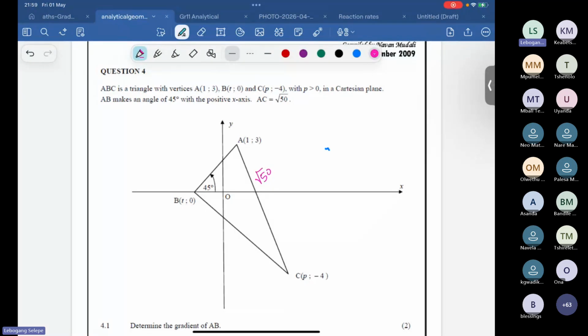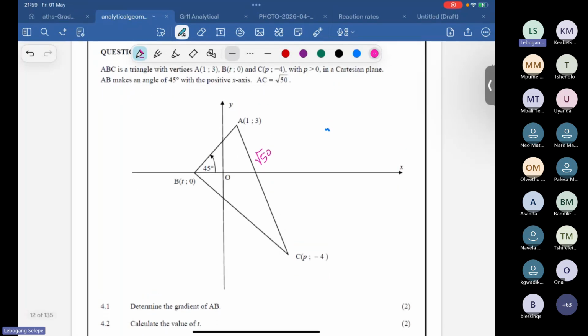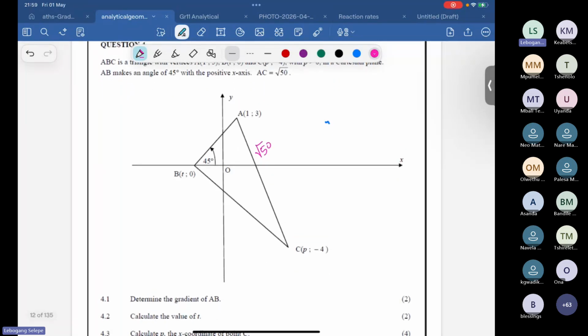Then the first question says to you, determine the gradient of AB. How can you determine the gradient of AB? By using the inclination. Tan 45 is equal to 1. So we know that the gradient of AB is 1, because we know that the inclination is 45.